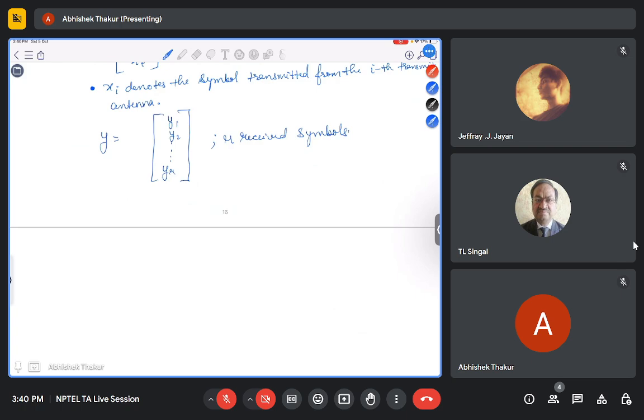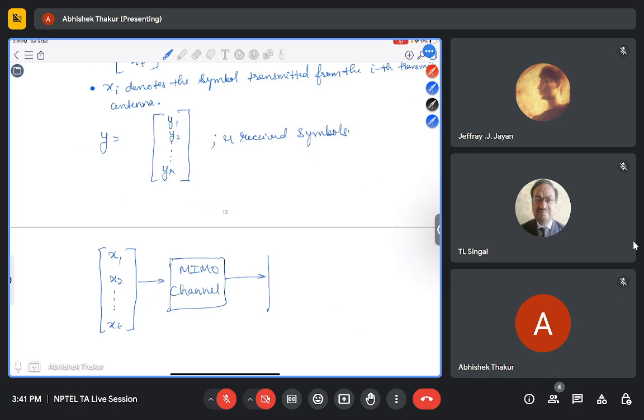So the symbols X1 to XT are transmitted via the channel, which we can call a MIMO channel, and received at the receiver as Y1, Y2, up to YR.